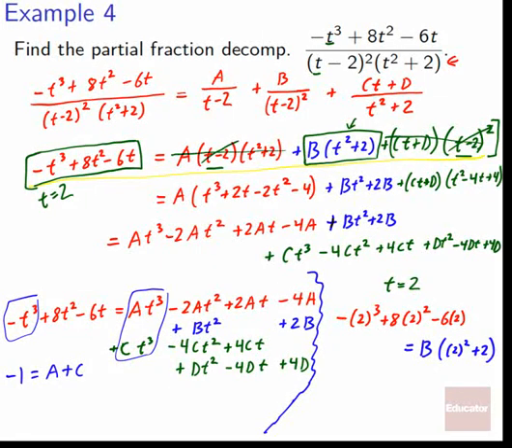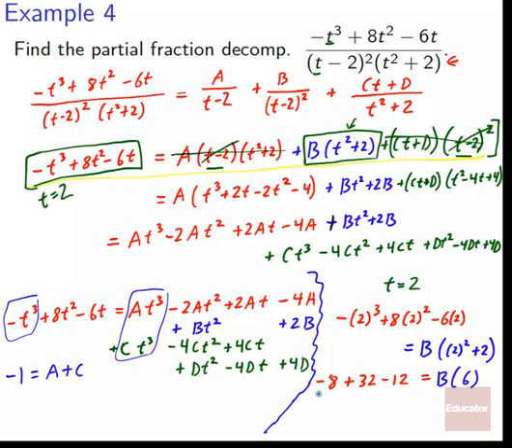Okay, so we've got negative 2 cubed is negative 8, plus 8 times 2 squared is 4, so 32, minus 6 times 2 is 12, minus 12, equals b times 4 plus 2, or 6.